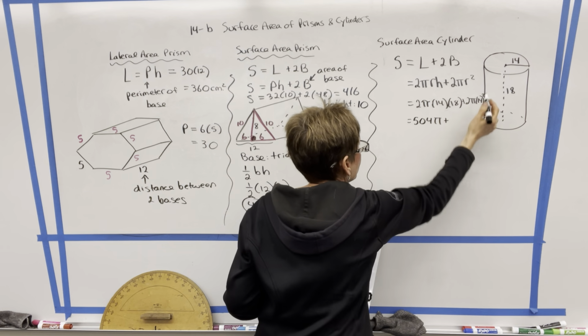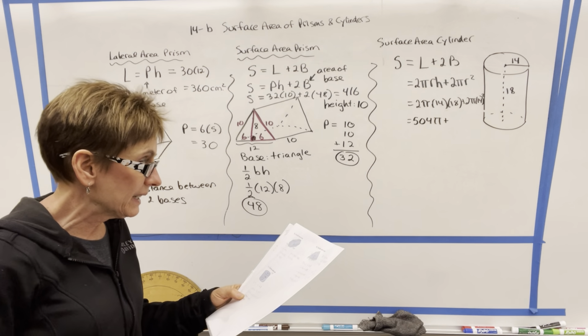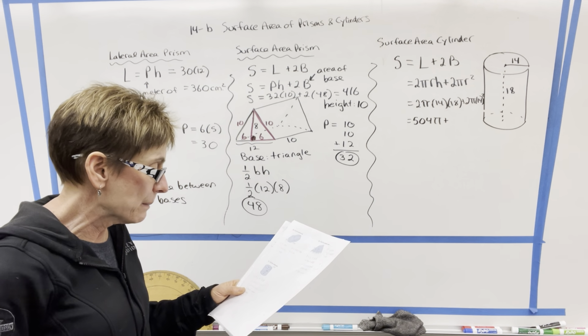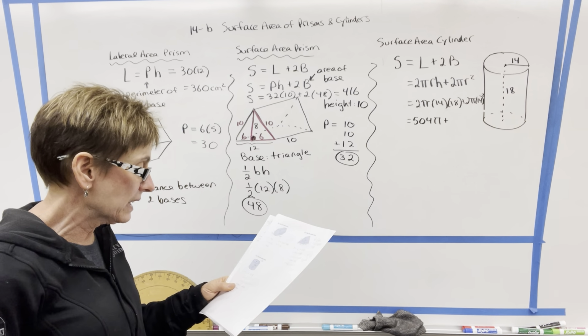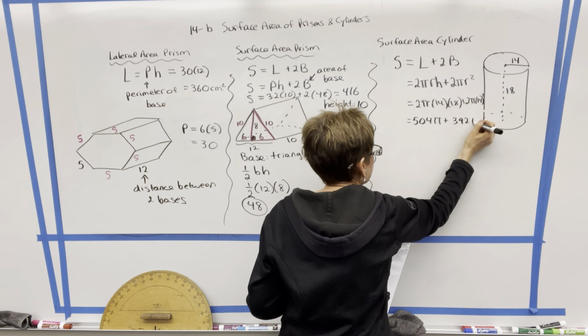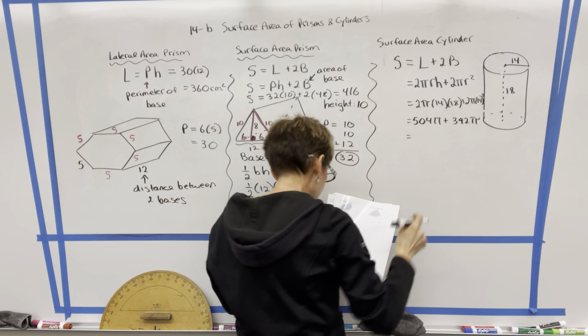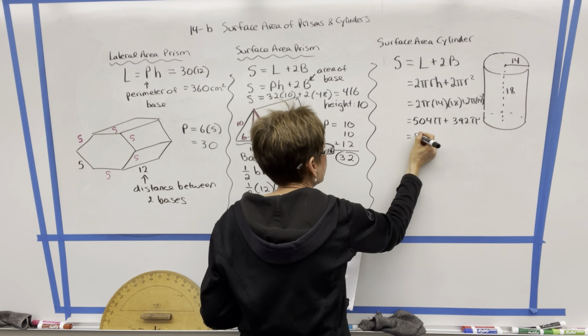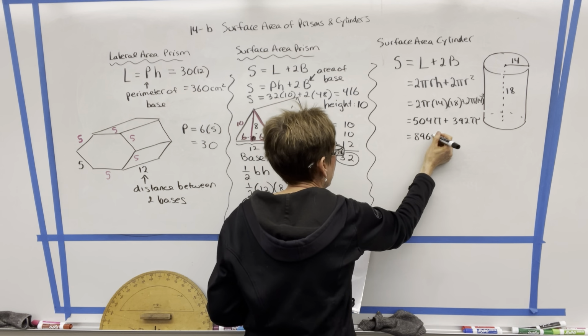For the second one, I want to square 14 and then multiply that by 2, because we have to do exponents first. And this is going to be 392 pi. If I add those together, that's 896 pi.